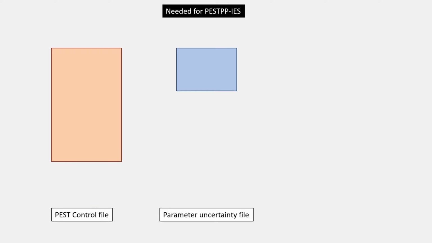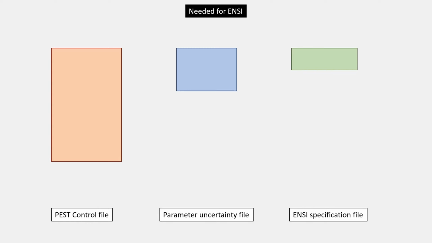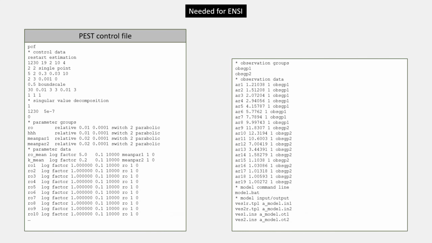If we're going to undertake ENSI-based inversion instead of using IES, we only need one extra file, and that file is called an ENSI specification file. Let's have a look at these files in just a little more detail. So here's the PEST control file, just a normal PEST control file, probably featuring lots of parameters.